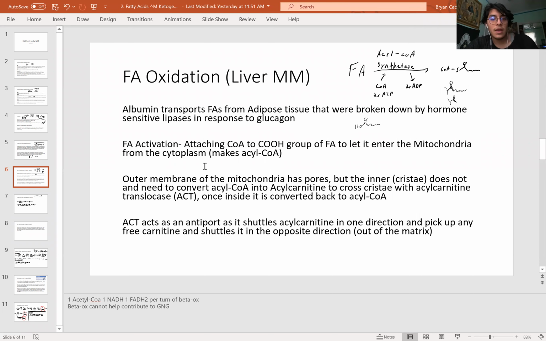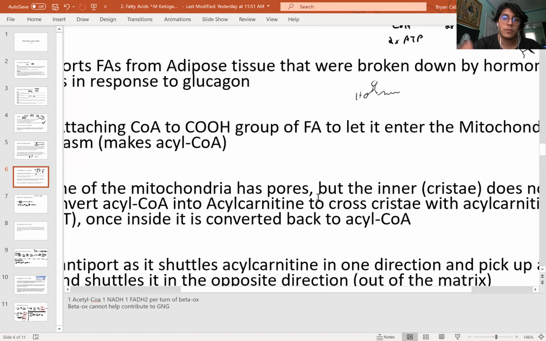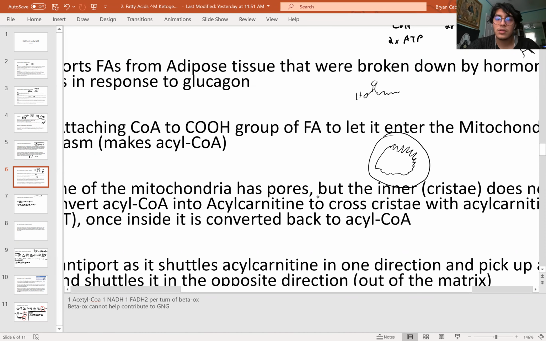The outer membrane of the mitochondria has these pores that basically allow things to enter. So let's say we were to draw our cristae here. Cristae has a bunch of folding, and then you have our outer membrane. The outer membrane has some holes where we can introduce some fatty acids.